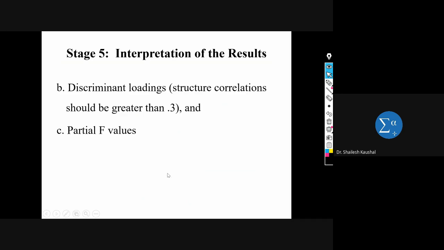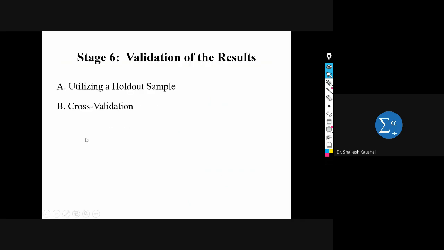I will show you. Then discriminant loading, the structure correlation should be greater than 0.3, means W1, W2, W3. All the discriminant loadings should be greater than 0.3. Then we can divide our sample into 2 parts for cross validation purpose.